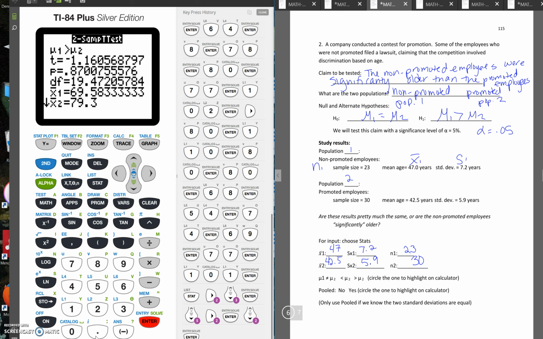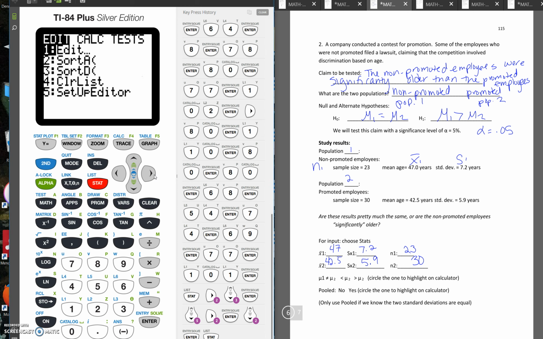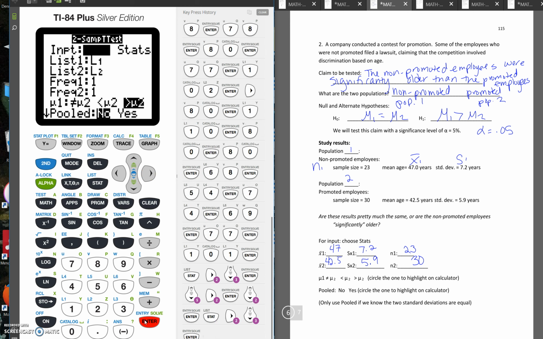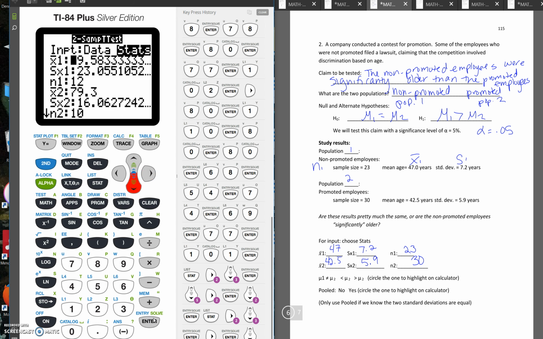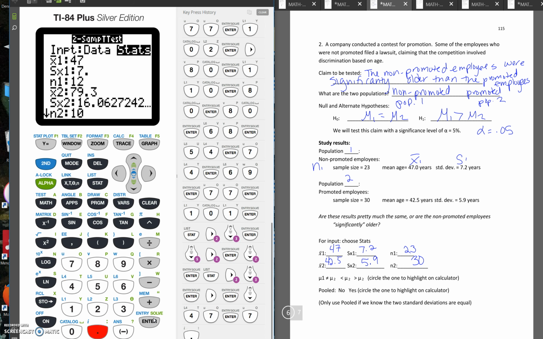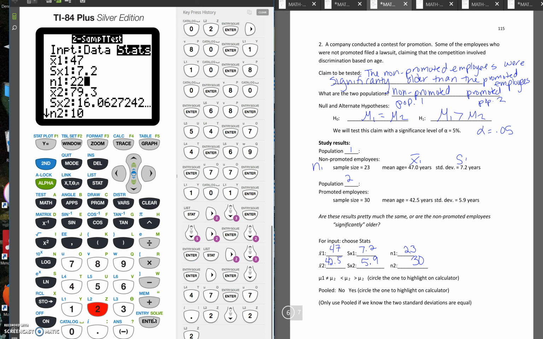Again, we're going to go to stat, over to tests, and do 2-sample t-test. This time, instead of data, we're going to put in just the stats. For x bar 1, we have 47. Sx1, we have 7.2. For n1, we have 23.